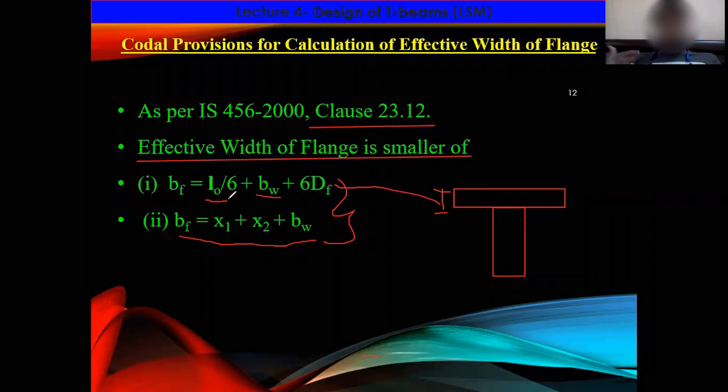On both sides you need to calculate that distance where the moment is zero, for this span as well as this span. That distance we consider as L naught, right? And similarly, bw is nothing but the breadth of the web. That is bw. And bf is nothing but the effective width of the flange. So this is for the T beam.